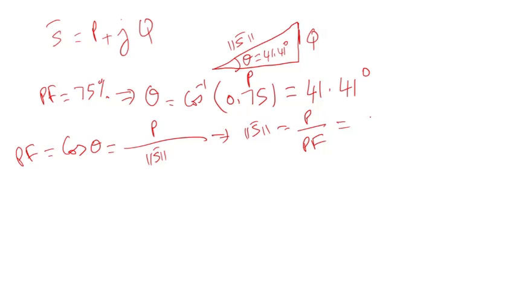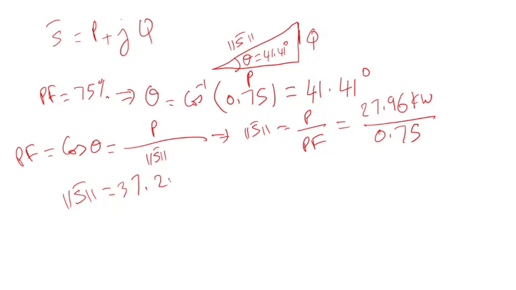So P I calculated 27.96 kilowatt. Power factor is 0.75. So S is equal to 37.28 kVA.